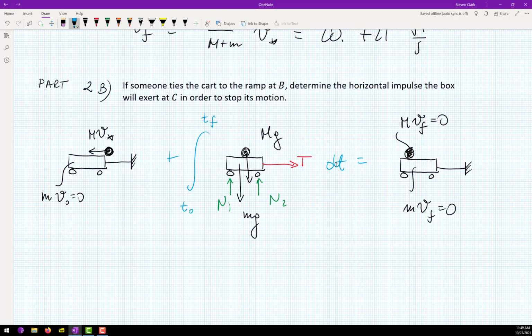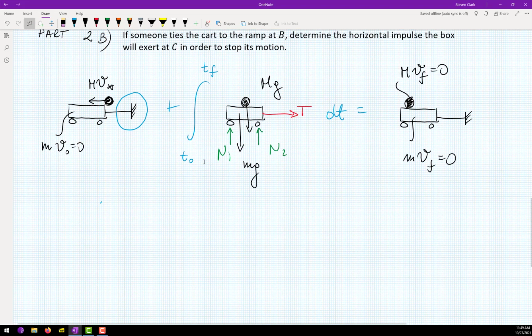They told us to solve exactly the same problem, but with this thing holding our cart. And they just ask us to find this value, the impulse of that reaction force.